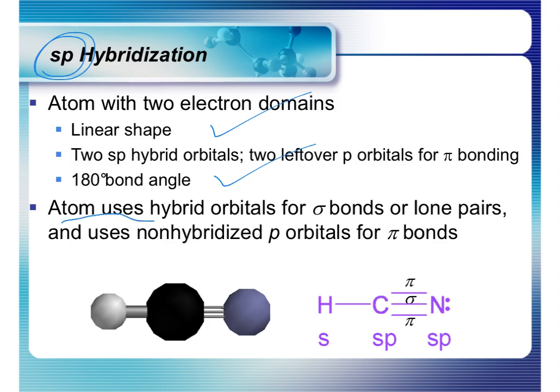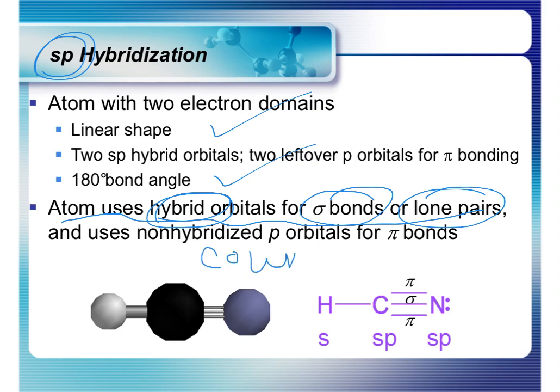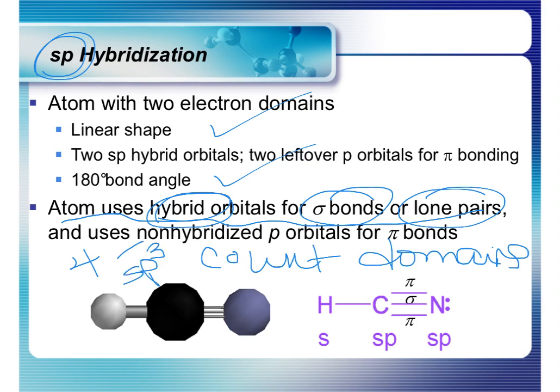And I said this a few times, but just to remind you, all sigma bonds and lone pairs need a hybrid orbital. So that means when you count electron domains, that is how many hybrid orbitals you need. So if you have 4 electron domains, you need 4 hybrid orbitals, which is sp3, right?